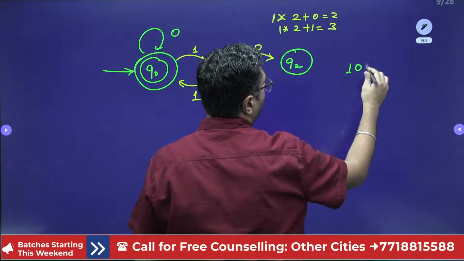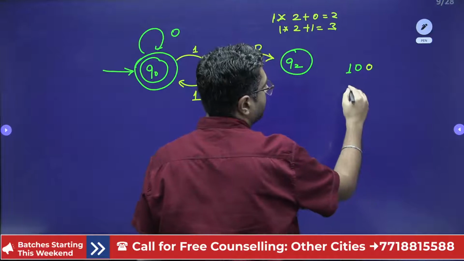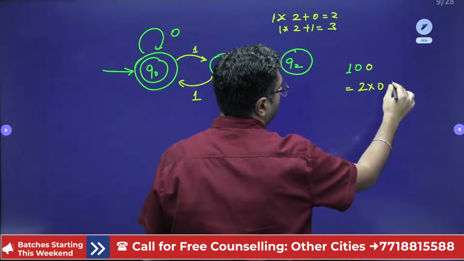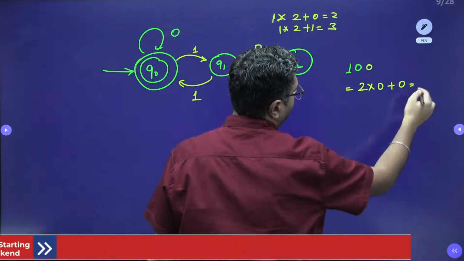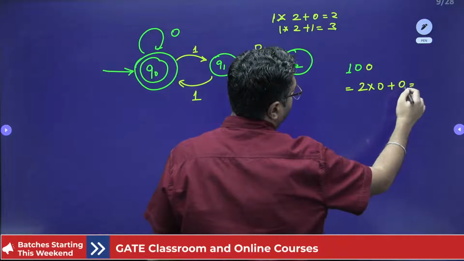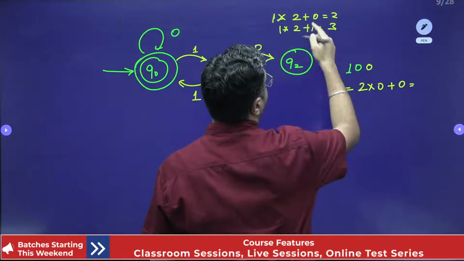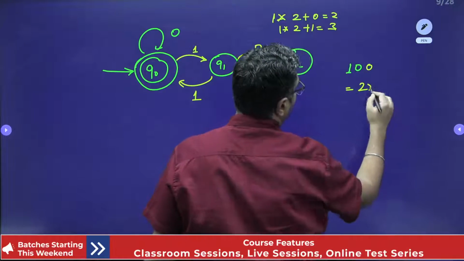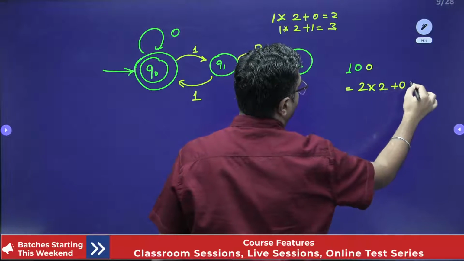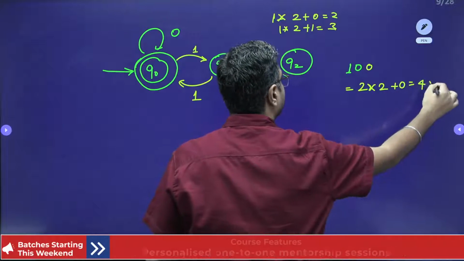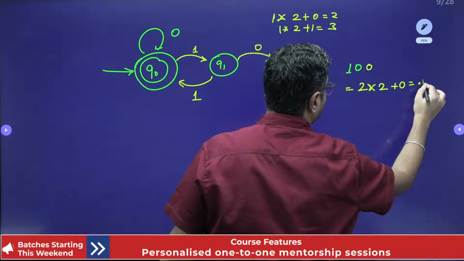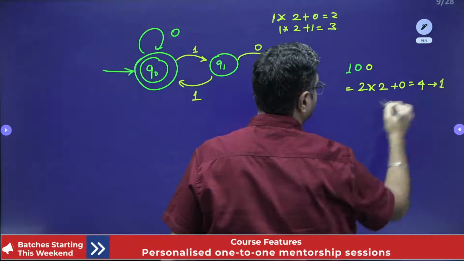If you get a 0 after that, the interpretation is 2 into 2 plus 0, you are going to get 4. 4 gives the remainder of 1 when divided by 3.